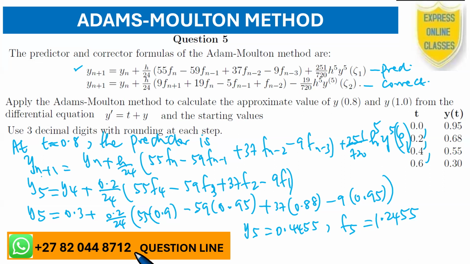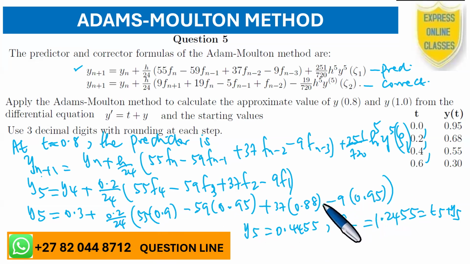So now, if we get our Y5 to be 0.4455 using a calculator, then what would our F5 be? We need to know that our F5, according to this, is going to be T5, Y5. So you take the Y5, which you get from adding everything with a calculator.